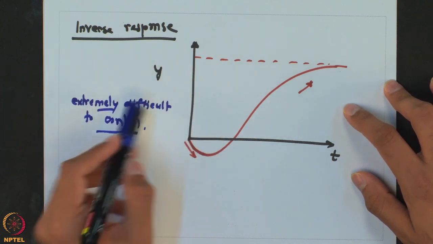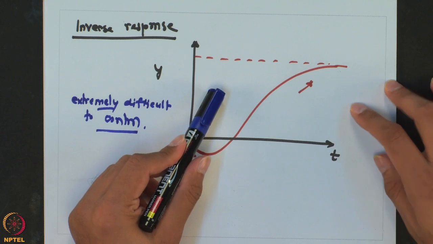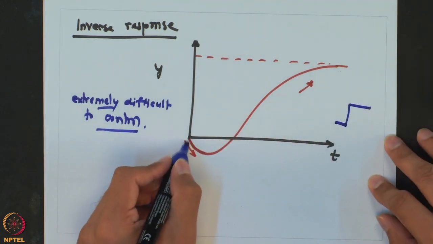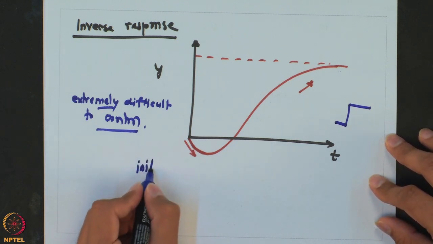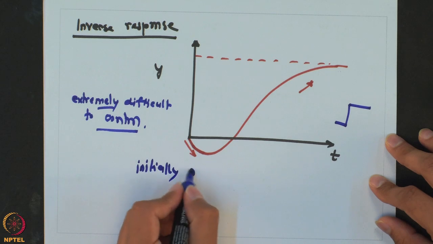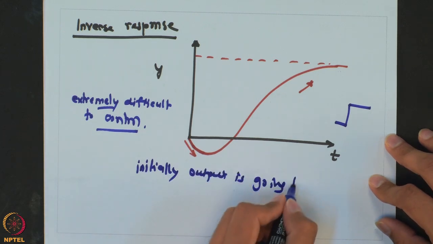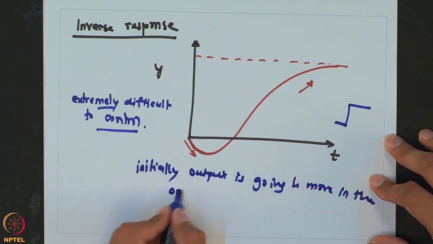So, now what is going to happen is whenever the controller makes a positive step in the input, initially the output is going to move in the opposite direction.